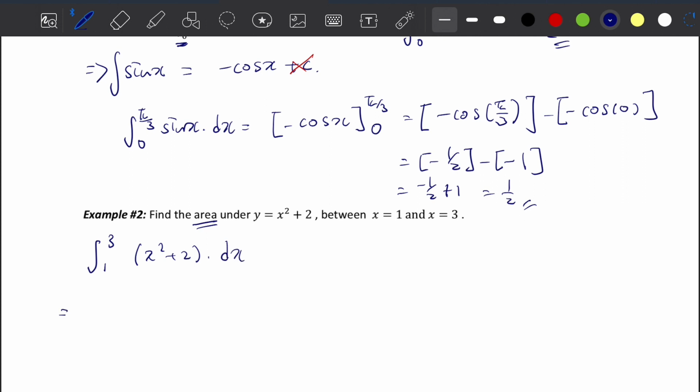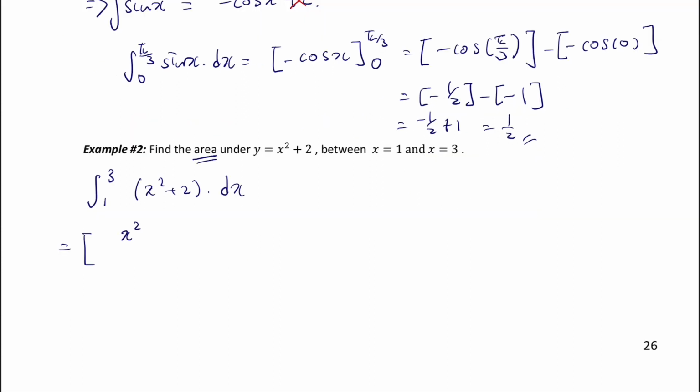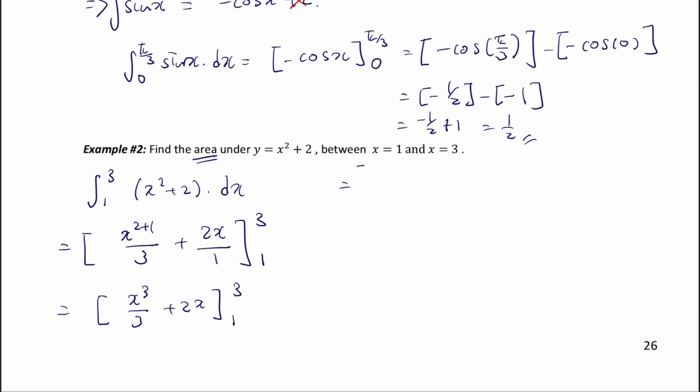This is the same as x cubed over 3 plus 2x over 1, with the range from 1 to 3. Then this is x cubed over 3 plus 2x, from 1 to 3. We have 3 cubed over 3 plus 2 times 3, minus 1 cubed over 3 plus 2 times 1.